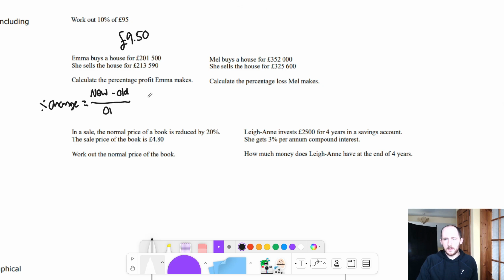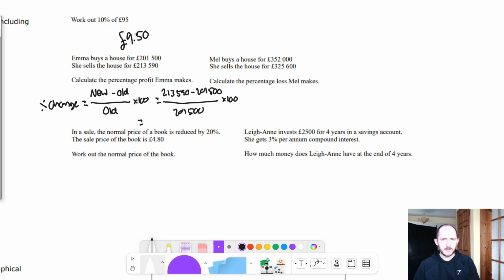over the old times 100. So in this first case for Emma, she's sold her house for 213,590 and it was originally 201,500, over 201,500 times 100. Okay, I know that's really messy and I do apologise.